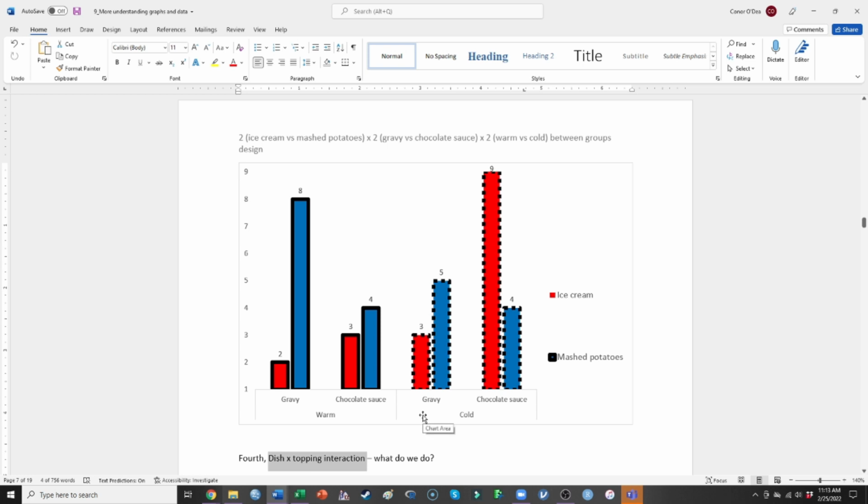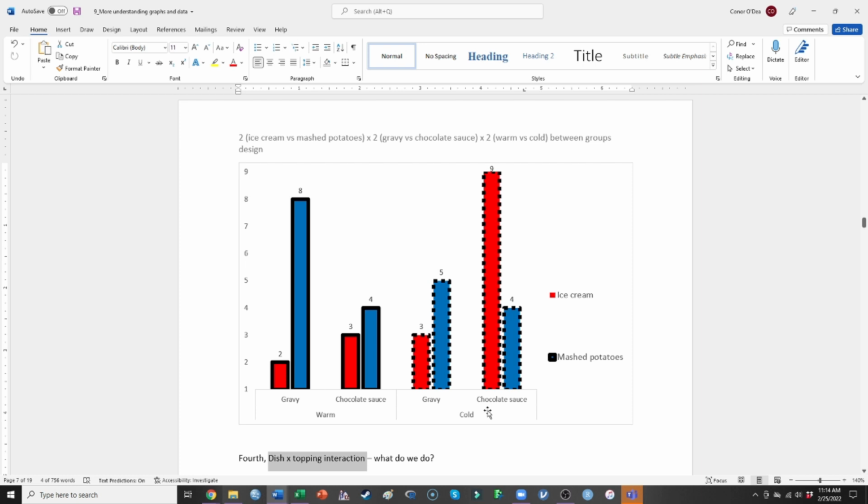And so what I'm going to do is take this 2 and average it with this 3. And that's going to tell me the mean of ice cream in the gravy condition, again, not caring about whether it's warm versus cold. Then I'm going to average this 8 with this 5, and that'll give me the mean for mashed potatoes in the gravy condition.